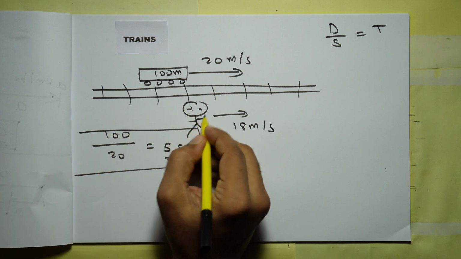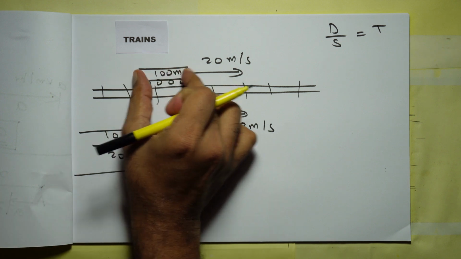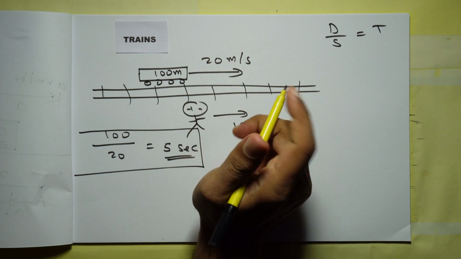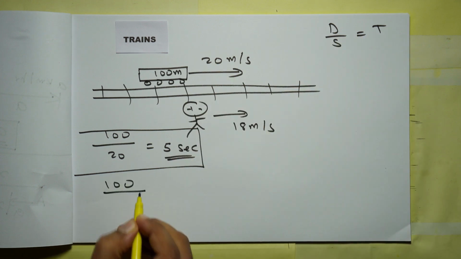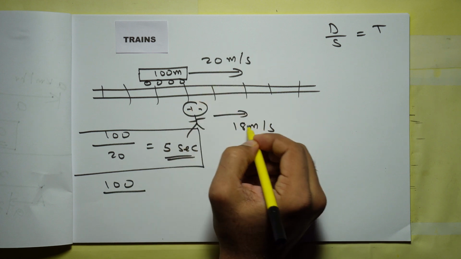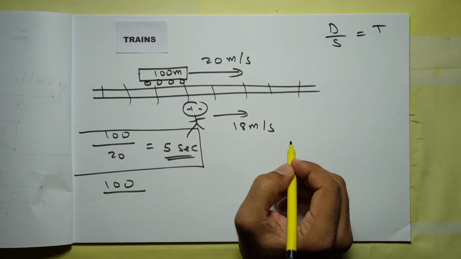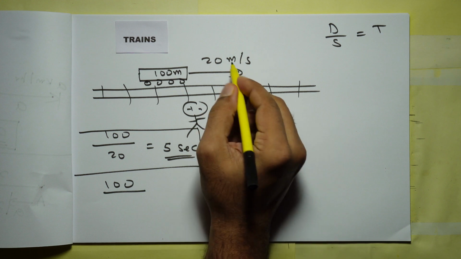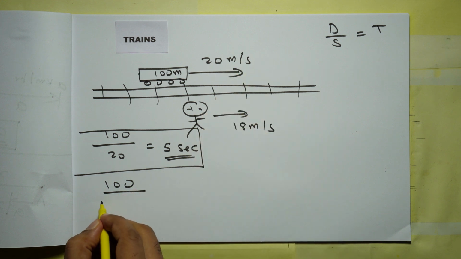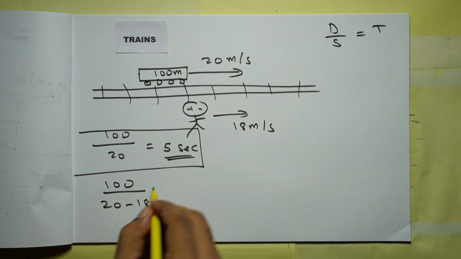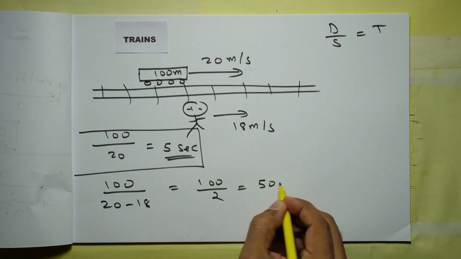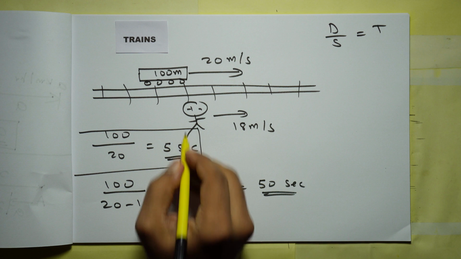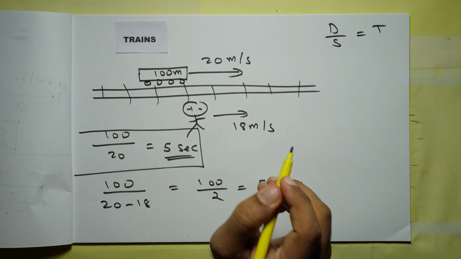So relative to this one person, the train's own body length has to be moved. So distance to be moved is its own body length 100, and both the train and the person are moving in the same direction. So relative velocity will be the difference of their speeds. So that will be 20 minus 18, that is 2. So 100 by 2, that is in 50 seconds the train will overtake this person.